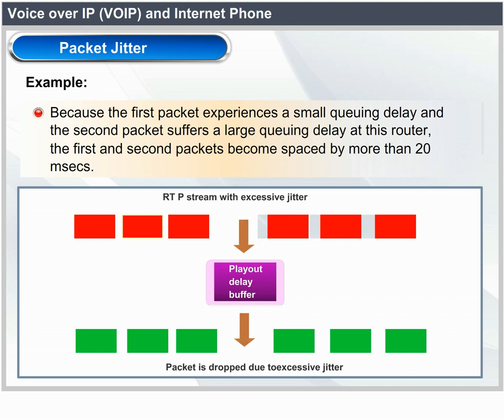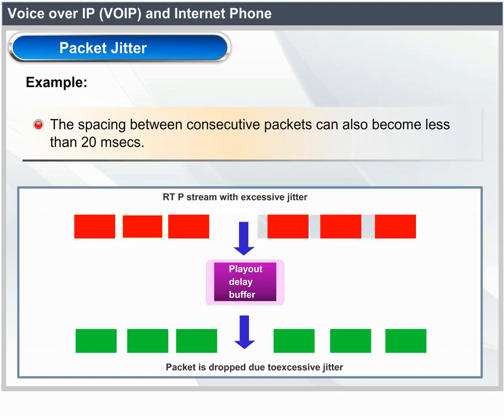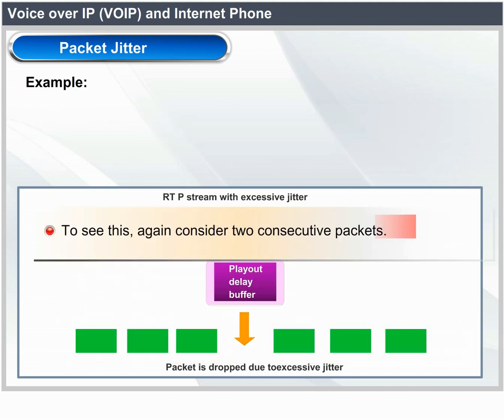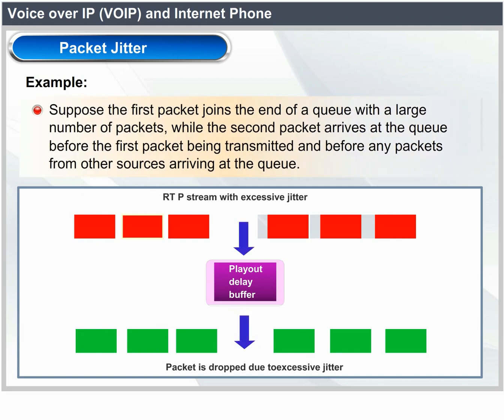The spacing between consecutive packets can also become less than 20 milliseconds. To see this, again consider two consecutive packets. Suppose the first packet joins the end of a queue with a large number of packets, and the second packet arrives at the queue before this first packet is transmitted, before any packets from other sources arrive at the queue.